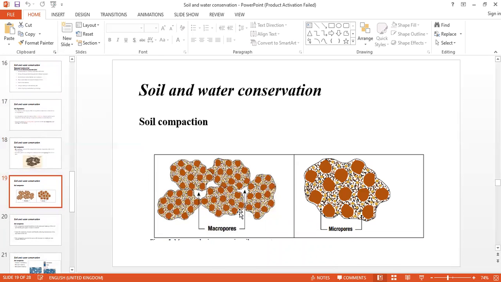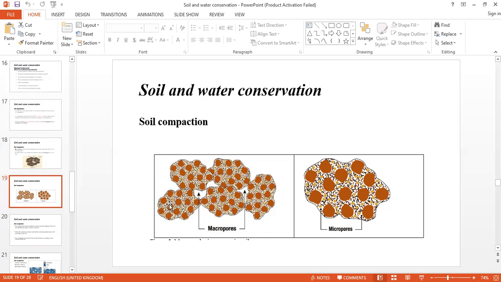When you are talking of porosity, there are two types of pores that we're talking about. If you can see in this diagram, these brown things are soil particles. What is connecting them are cementing agents.